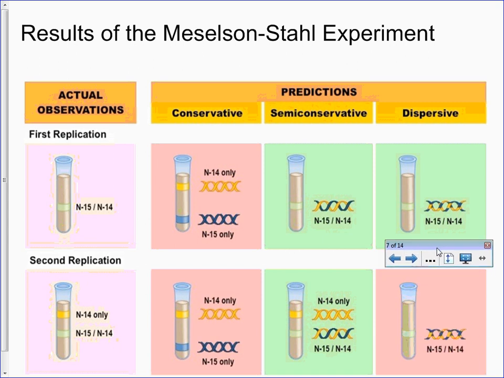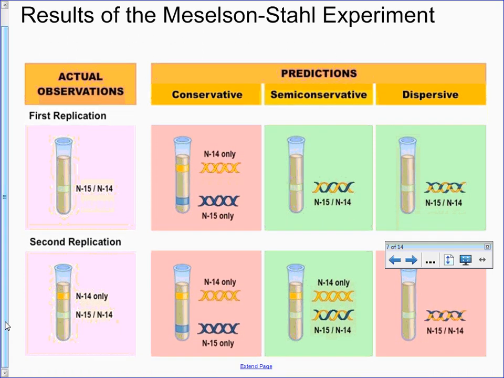If we have a look at these results in terms of how they ruled out the different mechanisms, here we have bacteria that were grown in nitrogen-15 medium and then transferred to nitrogen-14 medium, and they found just 1 band of DNA.